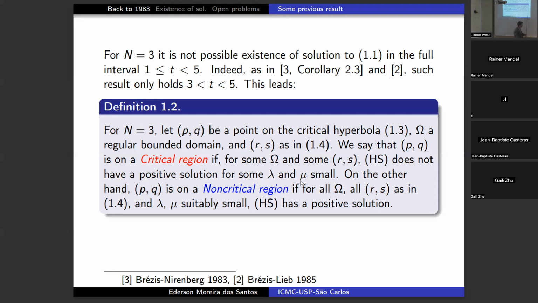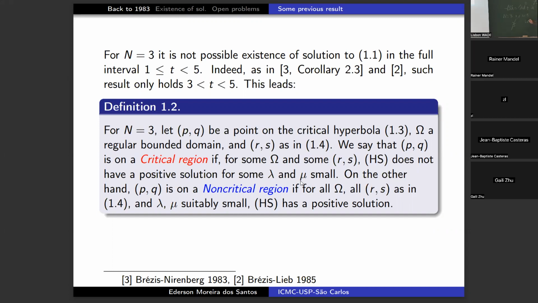This is again here, because for dimension 3, there is no solution if t is less or equal than 3 and lambda is small.